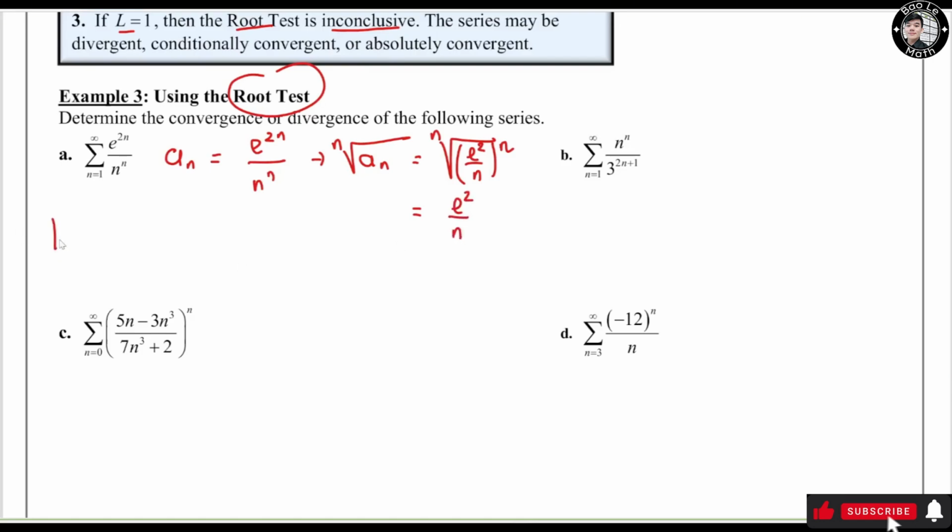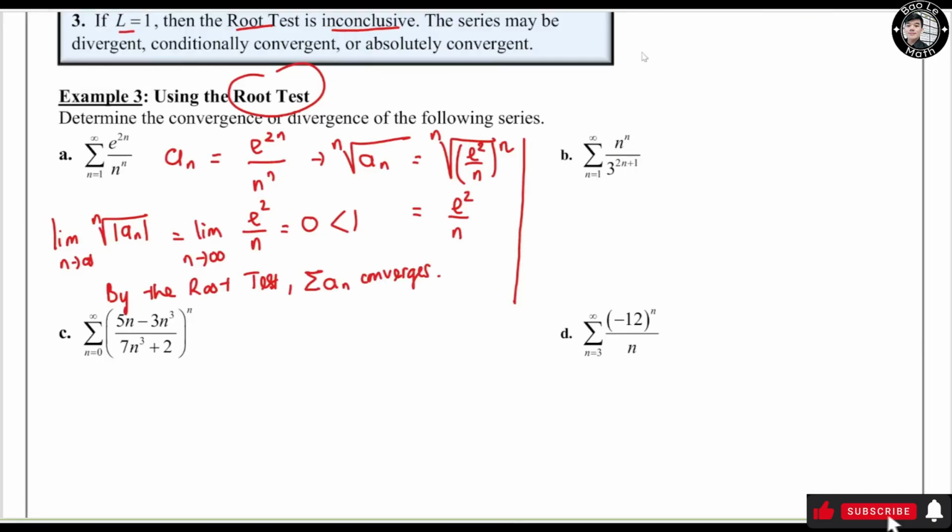Now I'm going to take the limit of the nth root of the absolute value of a sub n as n approaches infinity. It's going to be the limit of e squared over n as n approaches infinity, so this equals 0, which is less than 1. By the root test, the series converges.